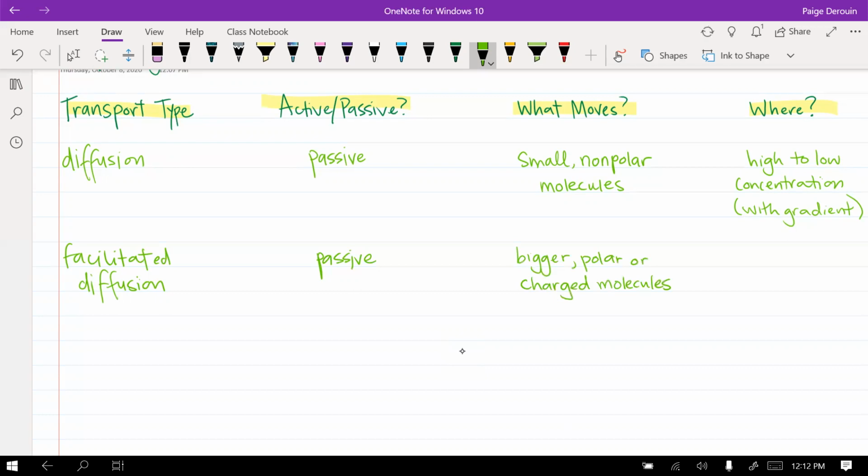So things like salts, sugars, ions, they're going to need to do facilitated diffusion. And then same thing, this is going to be high to low. And I'm not going to write the gradient thing, but it's still true. It's still the same.